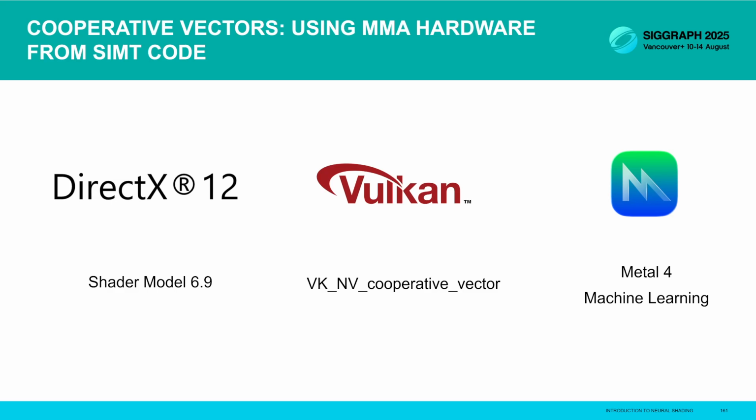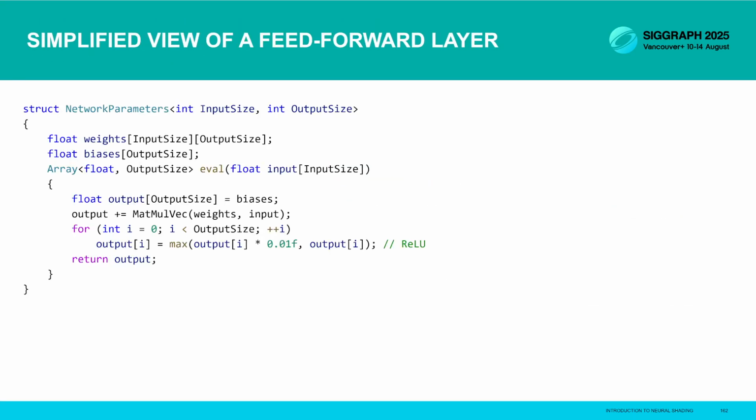Basically, it enables you to write the shader code as a normal matrix vector multiply, and it will map your code to the MMA hardware automatically, without needing you to explicitly pack the vectors into a matrix or requiring the computation to be initiated from a uniform control flow path where all threads are active.